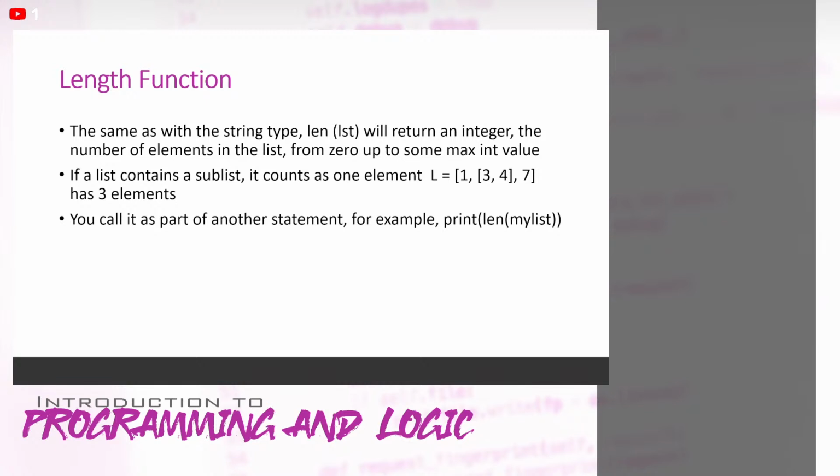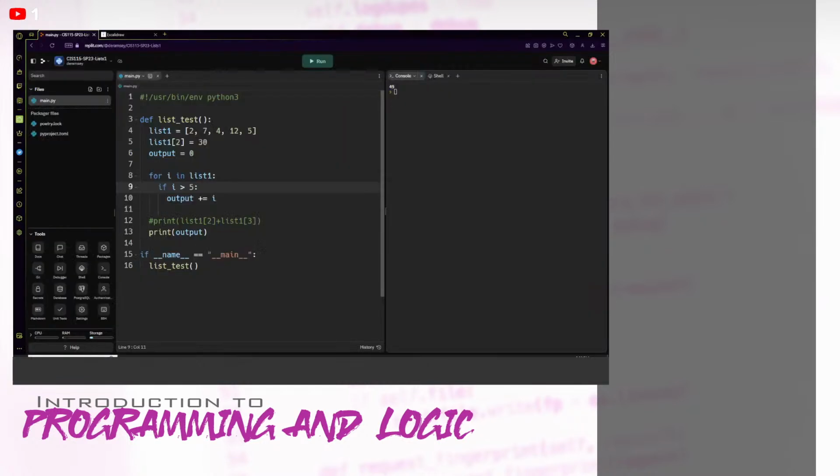So if we look at our Replit again, at the list we've created here, we can rewrite that for loop by taking advantage of the len function.